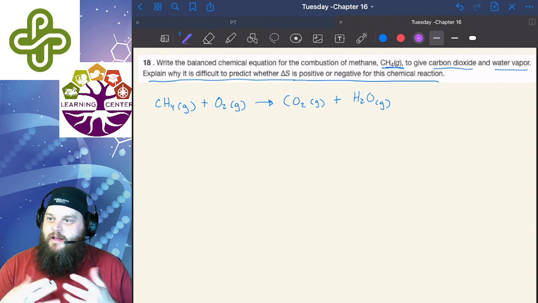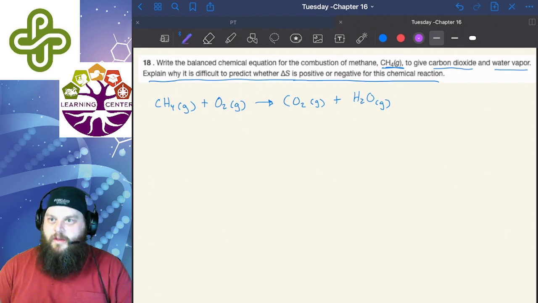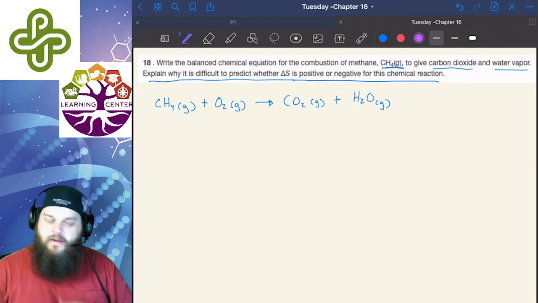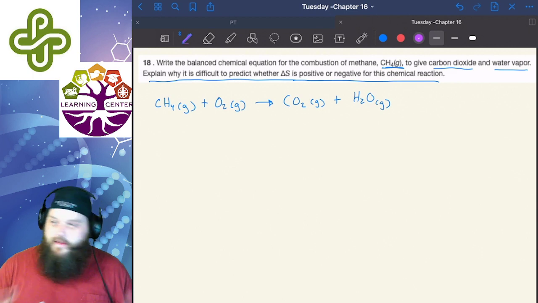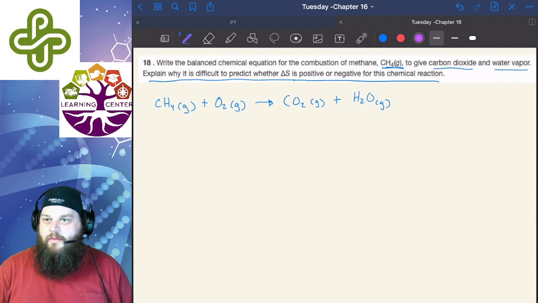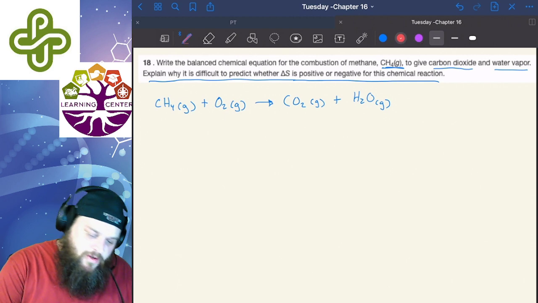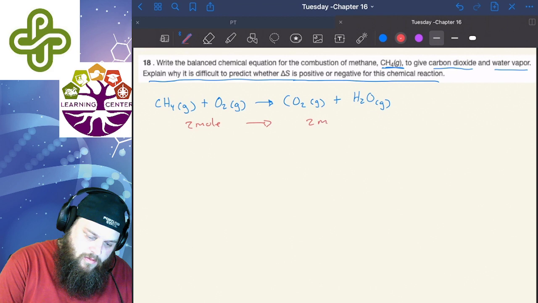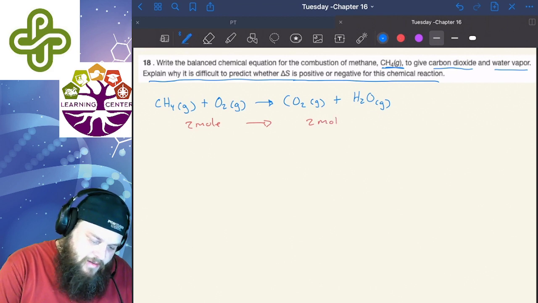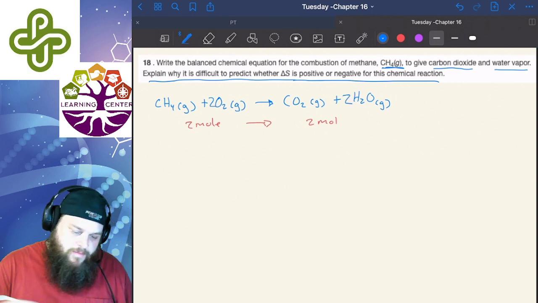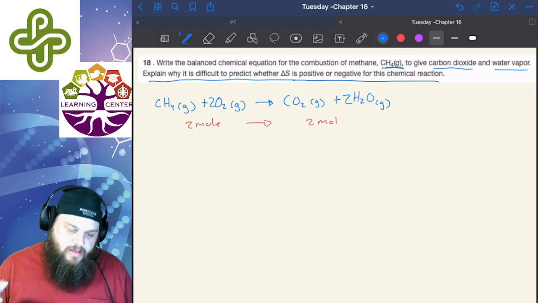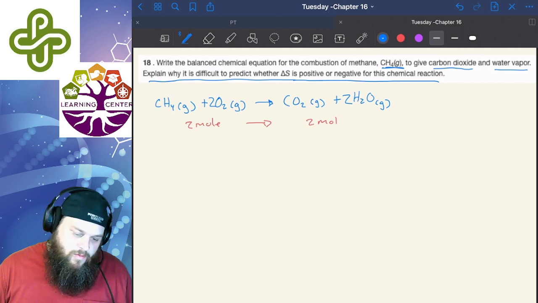If we want to see them changing state from a solid to a liquid, or a solid to a gas, or a liquid to a gas, we know there's going to be an increase in entropy involved there. But in this case, everything stays a gas, so it's hard to tell in that regard. If we look at our mole to mole ratio, we have 2 moles of reactant forming 2 moles. And I don't think I balanced my equation here, did I? No, I need 2 of that and 2 of that, I believe. Yeah, now I have 1 carbon on each side, 4 hydrogens on each side, and 4 oxygens on each side.